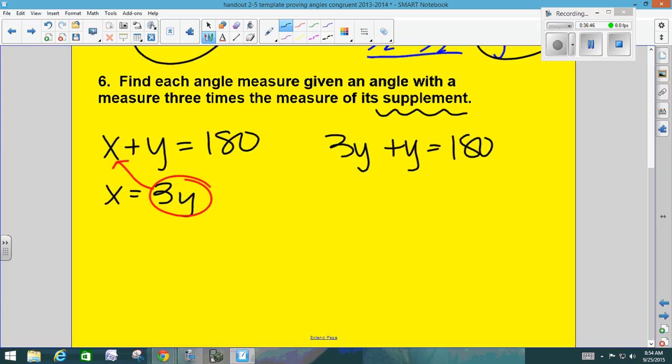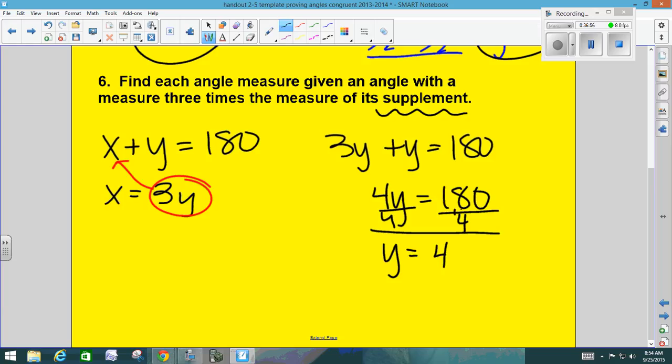Combine like terms, how many y's do we get? Divide by 4. 45. Okay, so if y equals 45, how are we going to figure out what the other angle is, x?